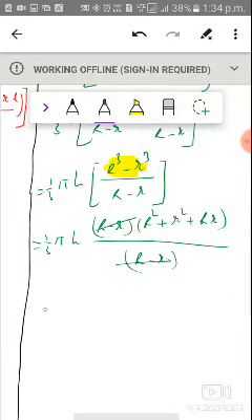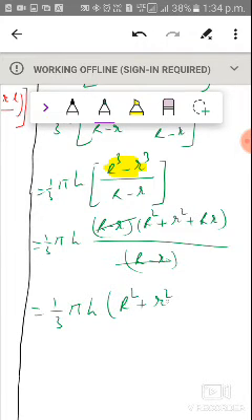So I can write the volume of the frustum of a cone is 1 by 3 pi h (capital R square plus small r square plus capital R into small r). In place of capital R and small r, we can use r1 and r2 also.